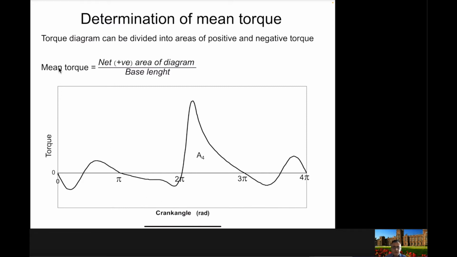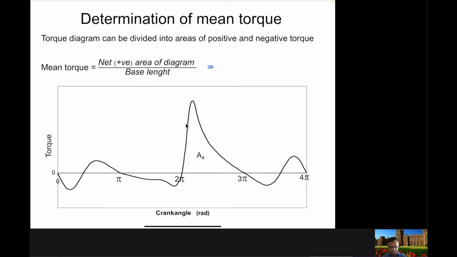The equation that we will be using for this case is given here. The mean torque is equal to the net, which is the positive area of the diagram, divided by the base length. For this specific case, which is a four-stroke engine, you can see that you have different areas here.